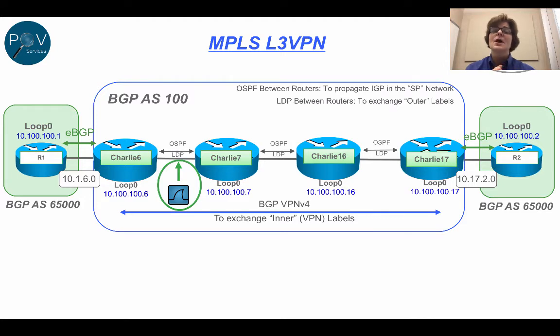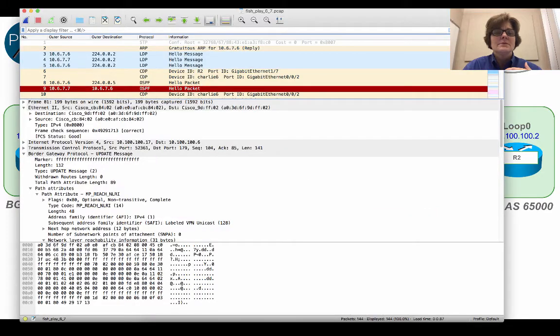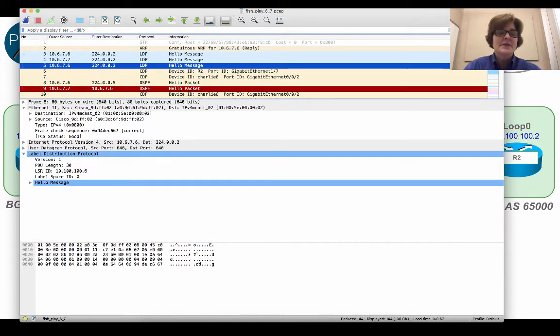I'm going to capture the OSPF coming up between Charlie6 and Charlie7, the CDP between Charlie6 and Charlie7, and the LDP neighbor coming up between Charlie6 and Charlie7. I'm also going to capture the BGP VPN v4 connection going up between Charlie6 and Charlie17. And on top of that, I'm going to capture that ping that you saw from R1 to R2. Are you ready? So here's the sniffer trace of everything that happened.